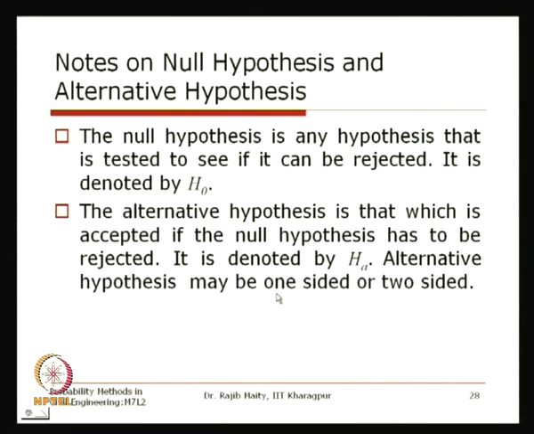The alternative hypothesis may be one-sided or two-sided; we will see what is one-sided and what is two-sided. If we can reject the null hypothesis, then we accept the alternative hypothesis. We never say that the null hypothesis is accepted. That is why whatever our goal, we generally put it in the alternative hypothesis.